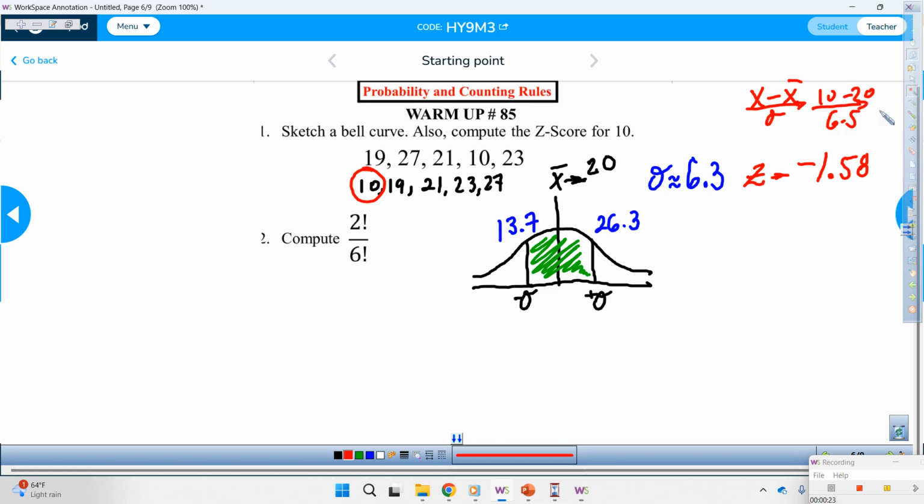So we end up with negative 10 over 6.3. Yeah, it looks about right. So negative 1 is right here, negative 1.58 is about right here, and this is our z. So our second standard deviation should be somewhere over here.